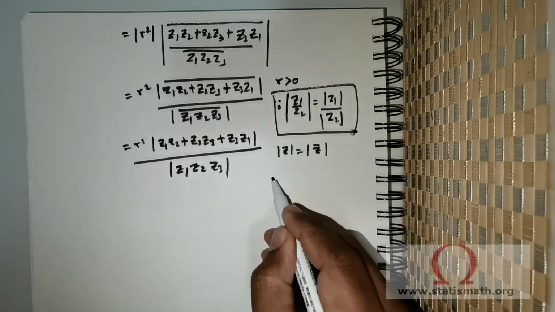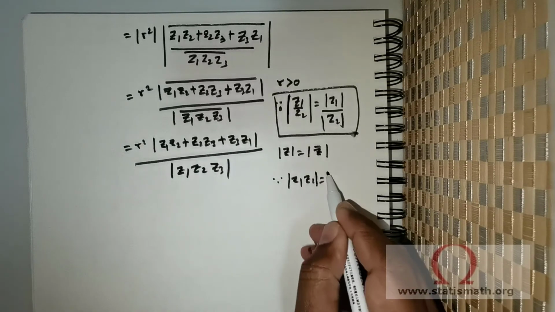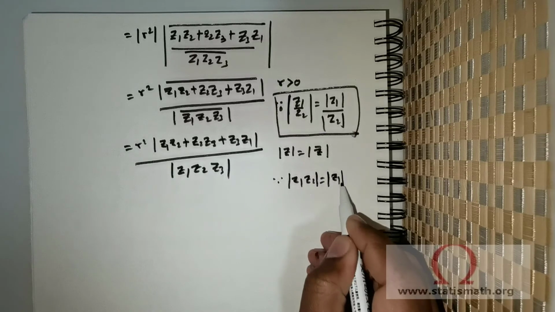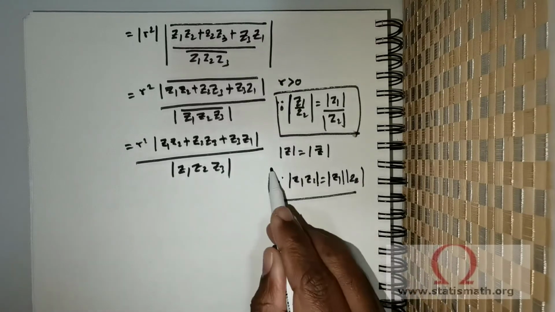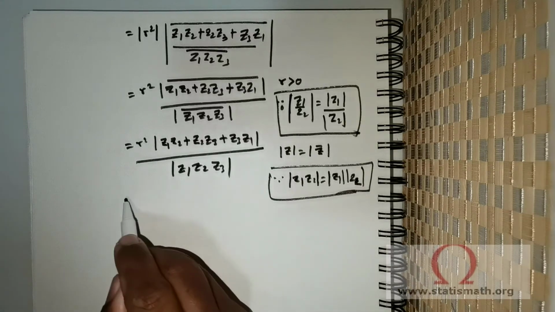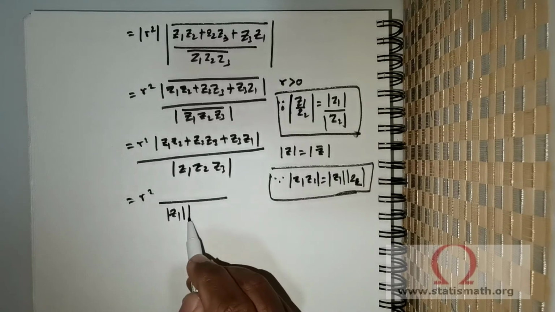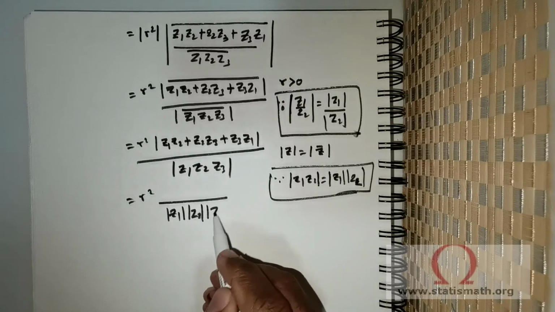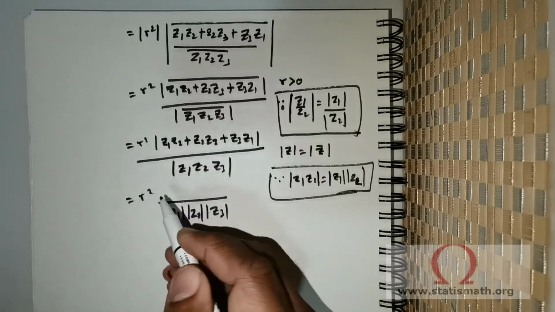But as I mentioned to you that modulus of z1 z2 is actually equal to modulus of z1 multiplied with modulus of z2. So because of this property I can rewrite the denominator as modulus of z1 multiplied with modulus of z2 multiplied with modulus of z3, and the numerator I can just retain as it is.